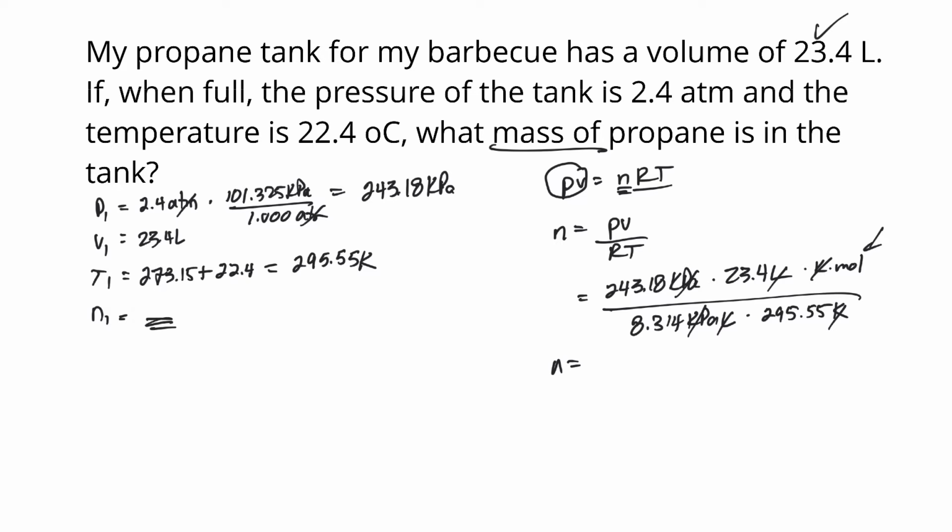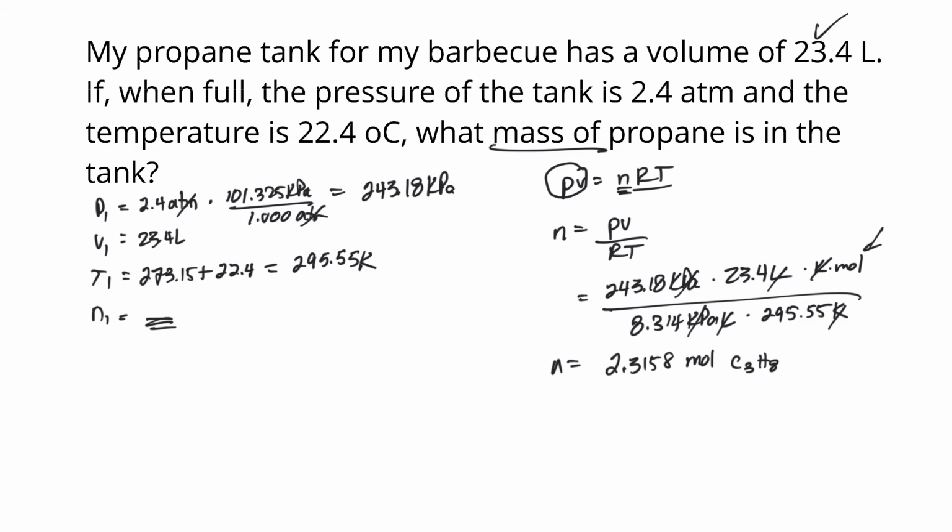So I have the pressure times the volume, divided by, in brackets, 8.314 times 295.55 in my bracket. So this tells me I have 2.3158 moles of propane, which is C3H8.